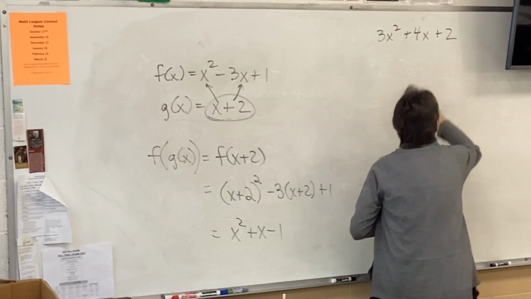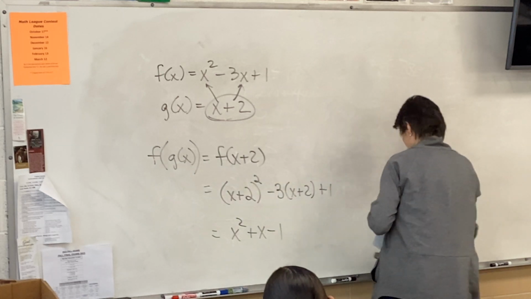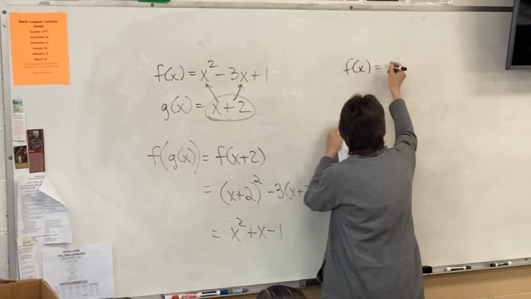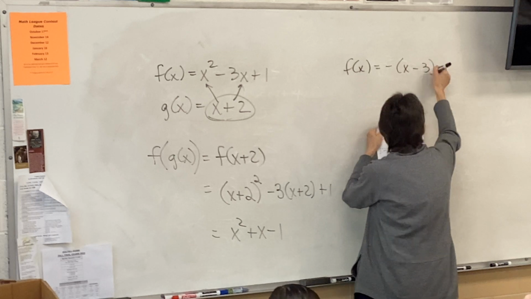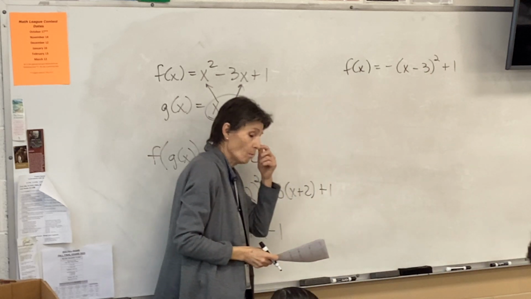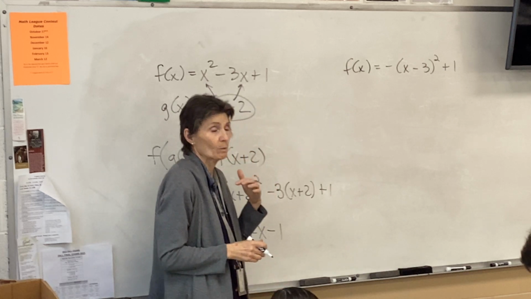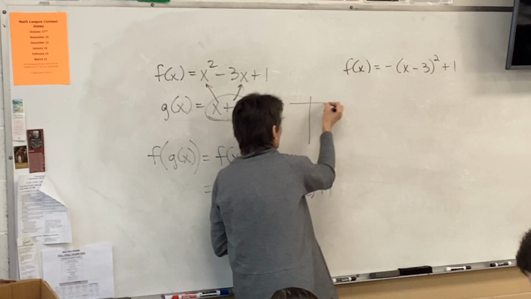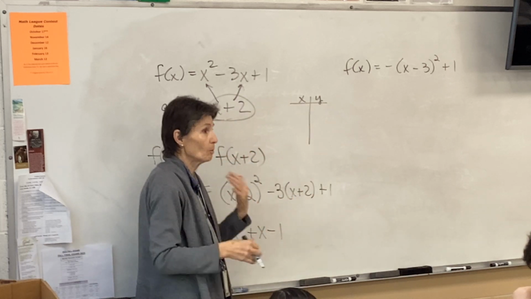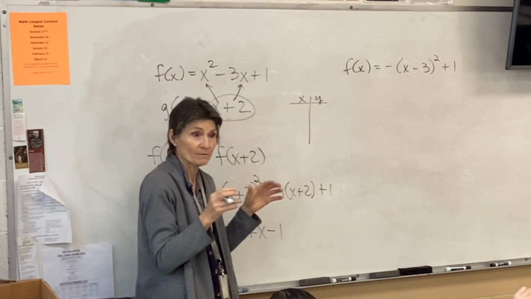All right, now we are sketching. I want to remind you that if you are unsure about what something looks like, you can always set up a T-chart, make up a bunch of points, plot them and see if you can figure it out from that.